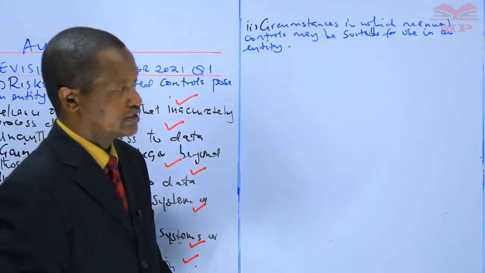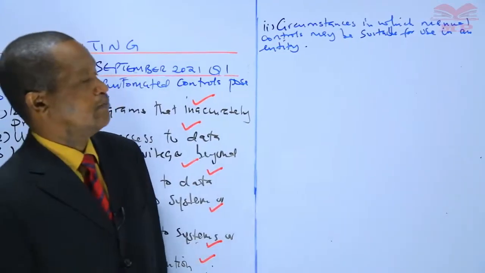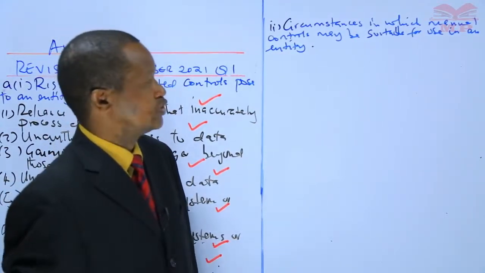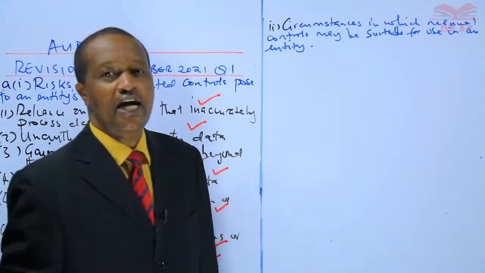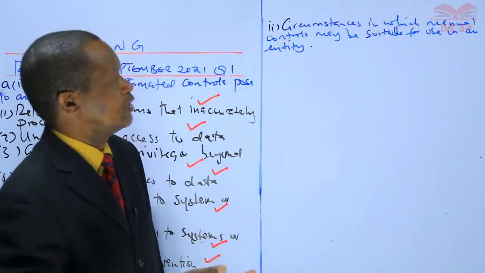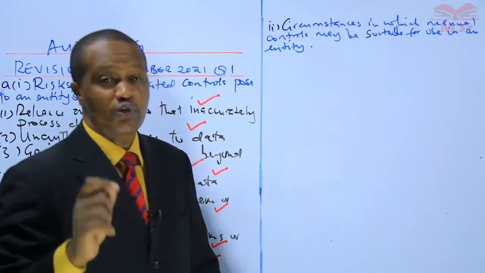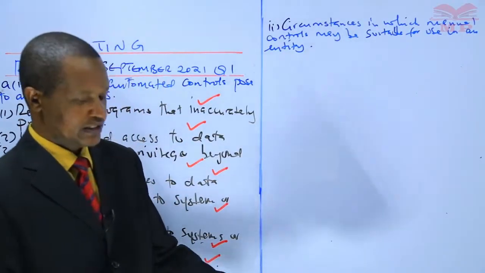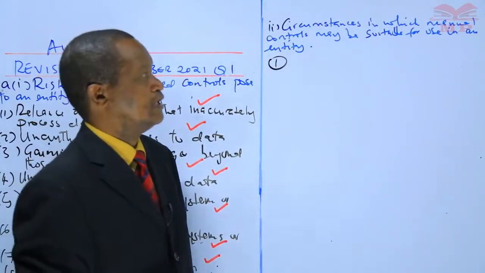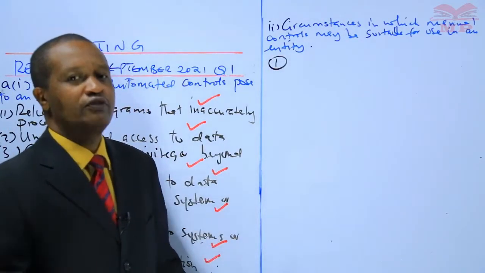We all know, candidates, the advantages of having automated controls in an entity, but there are circumstances or situations where having manual controls is more suitable than having automated controls. The question is, what are those circumstances in which manual controls may be more suitable for use in an entity? Candidate, this was an easy question that carried 4 marks.